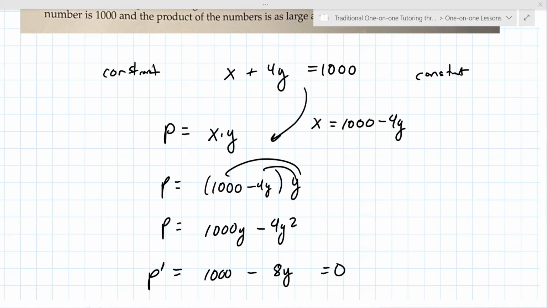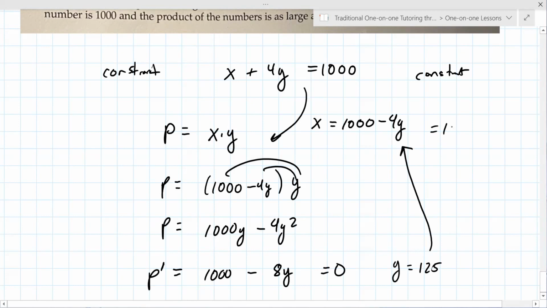And you get y equals 125. All right, but that's only one of the numbers. You've got to find the other number. The other number you find by doing this: 4 times 125, that's 500. So x is going to be 500.